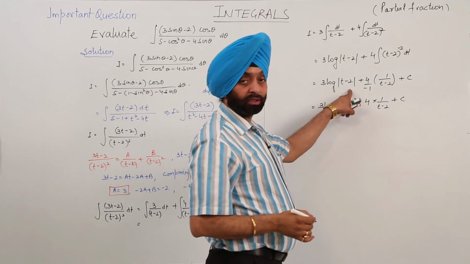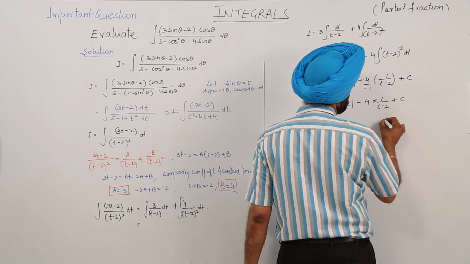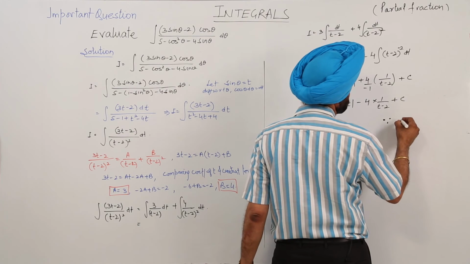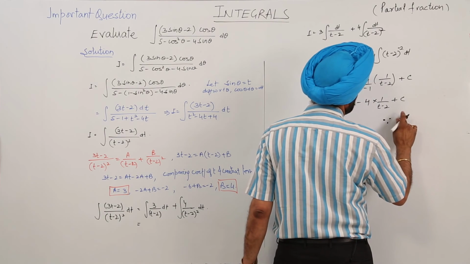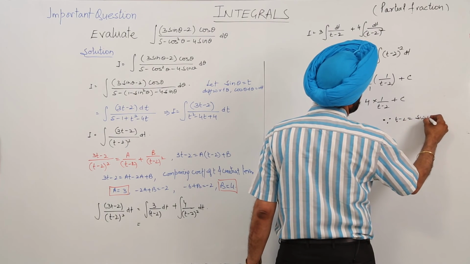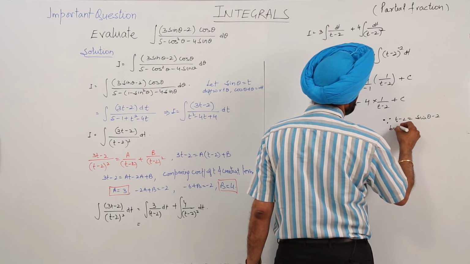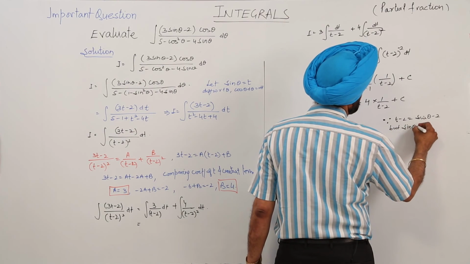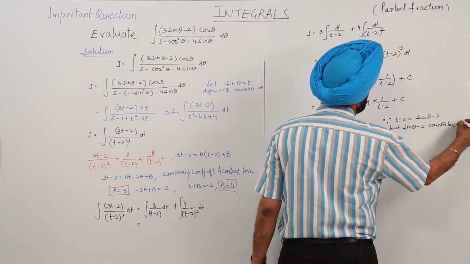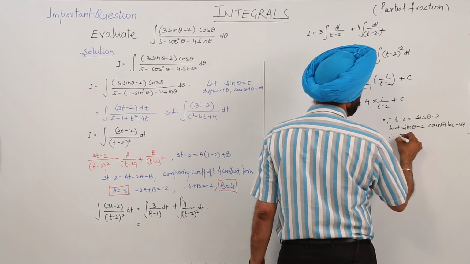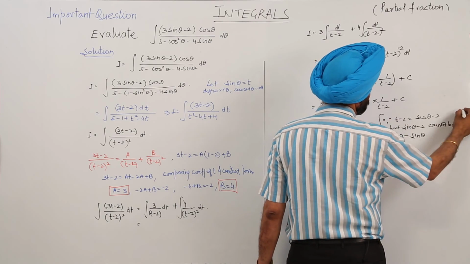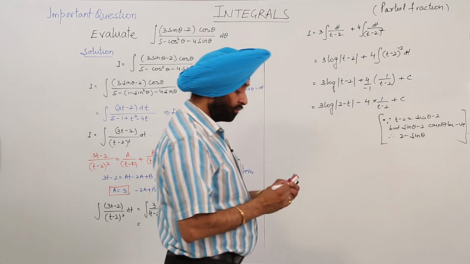Now why have I written t minus 2 here? Because t is sin theta. So t minus 2 is equal to sin theta minus 2, but sin theta minus 2 cannot be negative, therefore we will be writing 2 minus sin theta. This is the very important step.